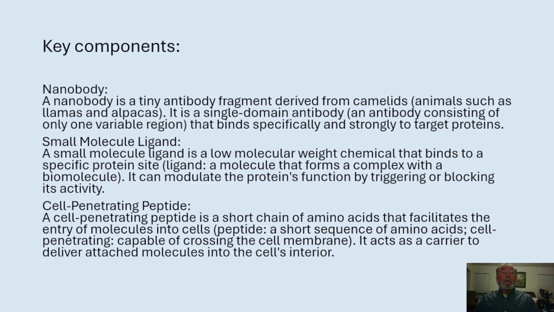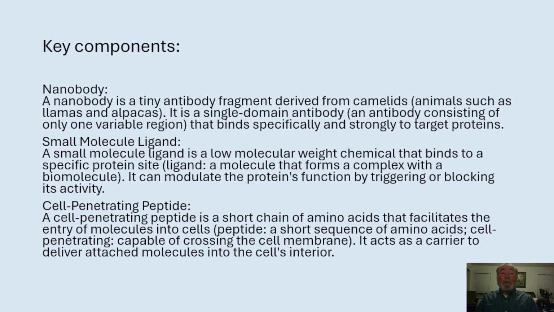Key concepts. Nanobody. A nanobody is a tiny antibody fragment derived from camelids, animals such as llamas and alpacas. It is a single-domain antibody consisting of only one variable region that binds specifically and strongly to the target proteins. Small molecule ligands.